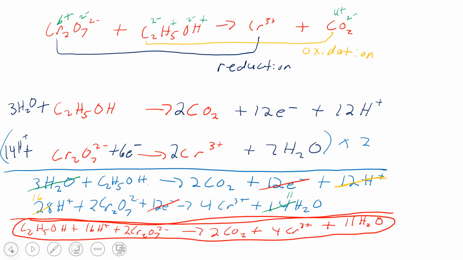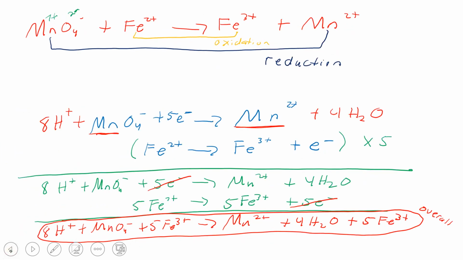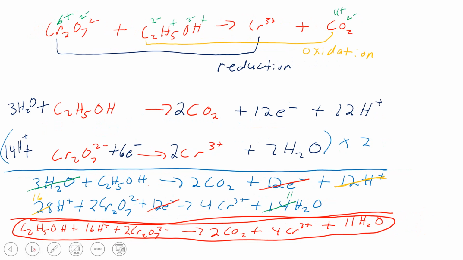So let's take our first reaction, and we're going to write down the overall reaction that we came up with, because all the work we did for an acidic reaction is still true. We just have one more step that we need to do. So let's copy this overall reaction over to this slide.